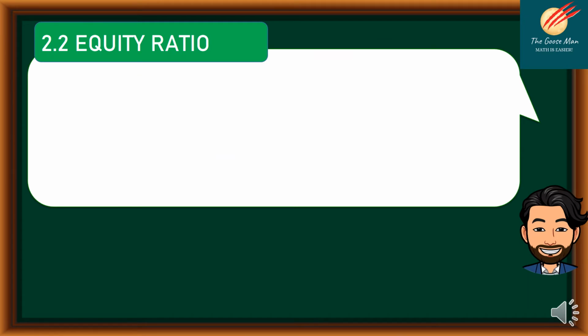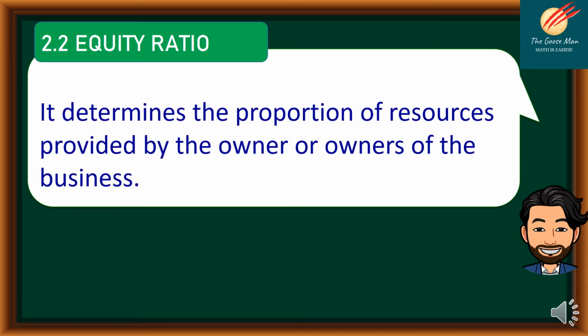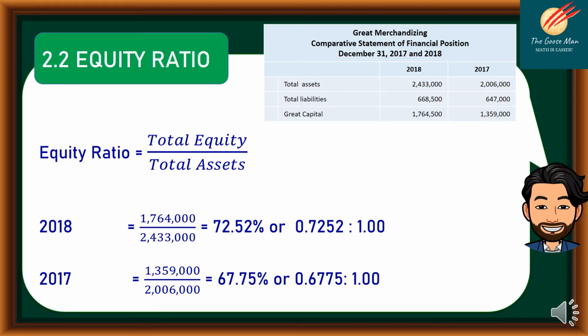Next one is the equity ratio. It determines the proportion of resources provided by the owner or owners of the business. So again, the formula that we will use is equity ratio is equal to total equity divided by the total assets. Again, this is our table that we will use.